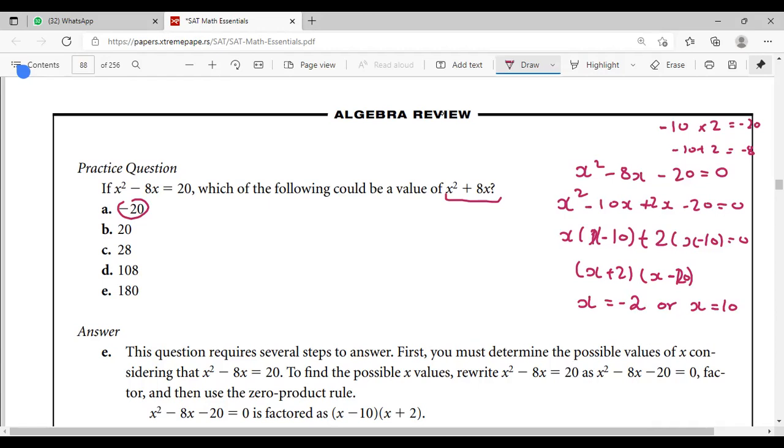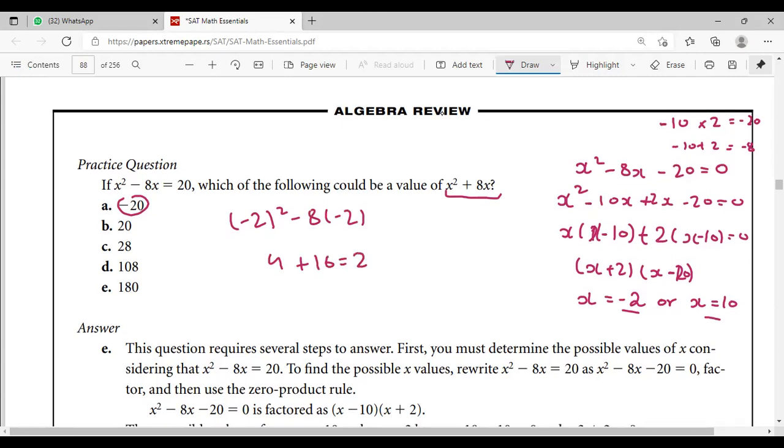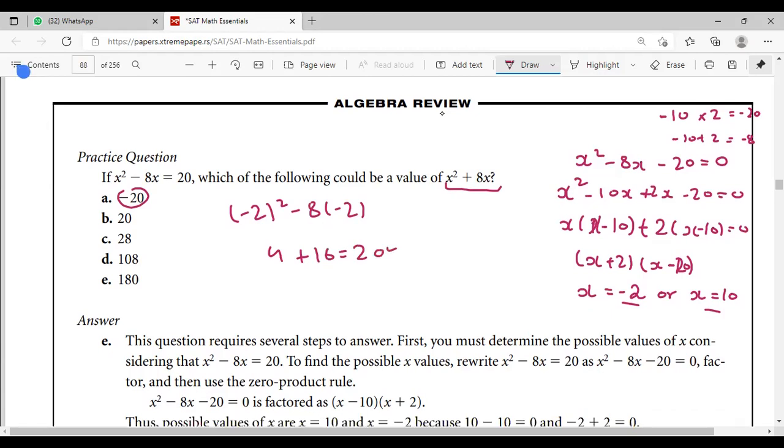So you can use minus 2 and 10 to check. If you have minus 2, minus 8 into minus 2, this would be 4 plus 16. This is 20. Yes, x equals to minus 2 has been satisfied.